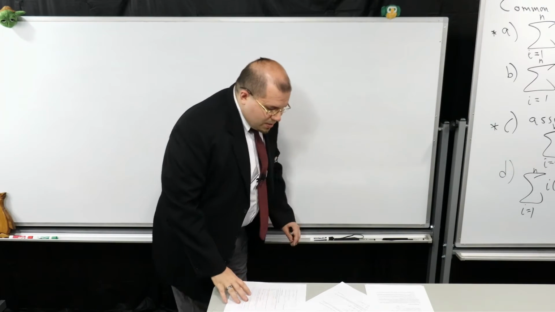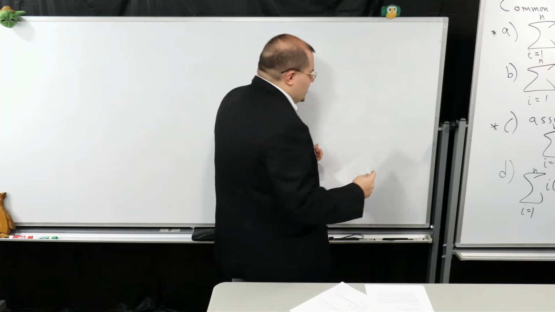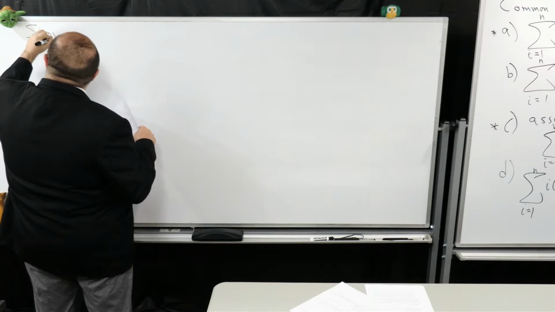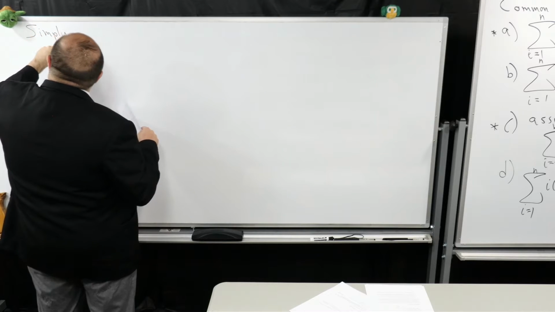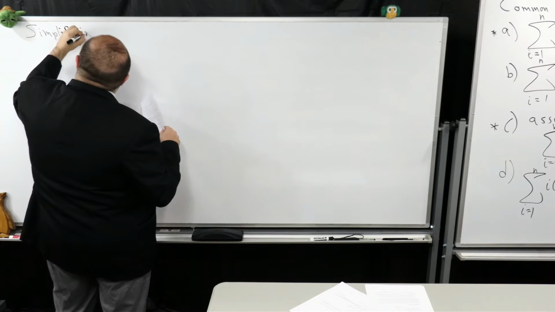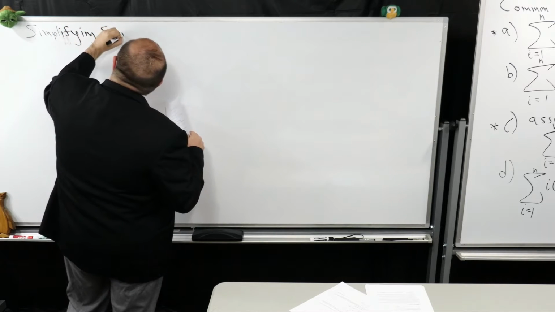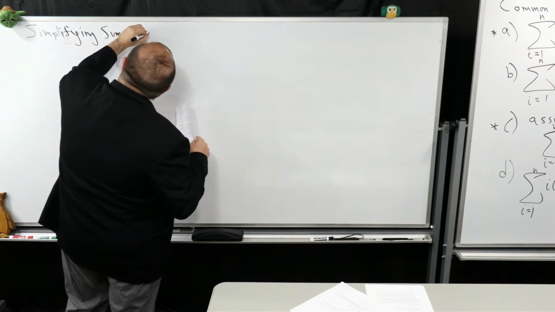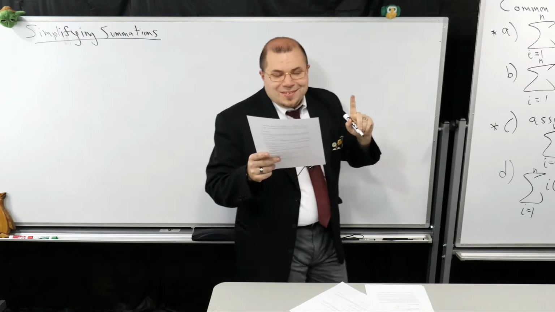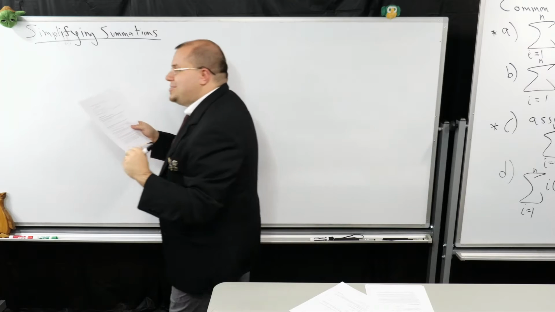So I'm going to give you some tips on how you can do this. I'm going to call this simplifying summations. You can think of these as common tricks you could deal with summation.